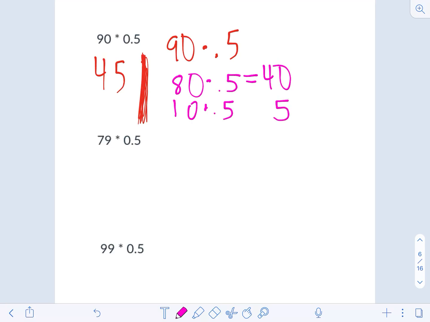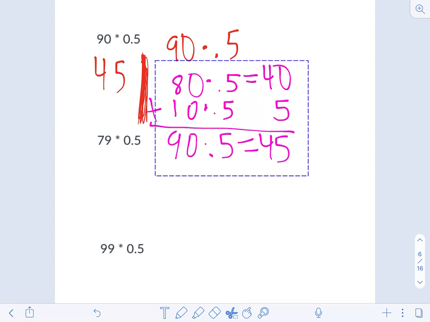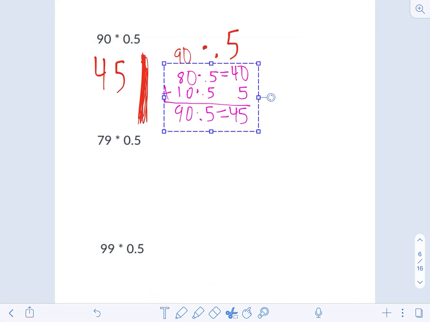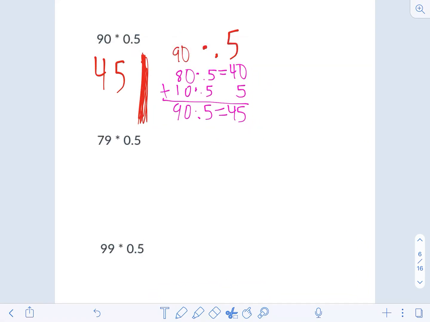That is 5. Then since we're chunking, we add it together and we get, oh wait, that gives me half of 90. 40 plus 5 is 45. What do you know? I get the same answer. Good work. And when you do it often enough, it just becomes in your memory.